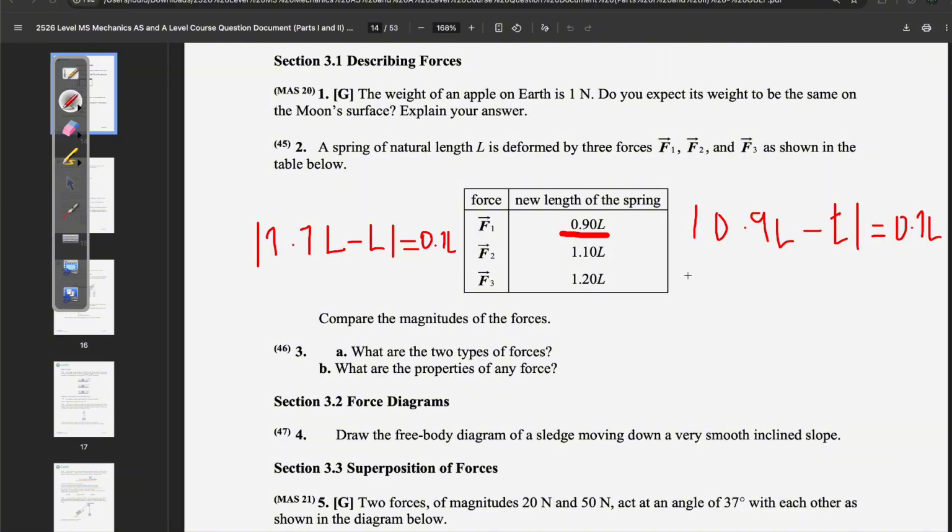And then for the 1.2 I'm gonna do absolute value 1.2 L minus L, which gives you 0.2 L. This means F1 and F2 are equal, and F3 is greater than both of them.